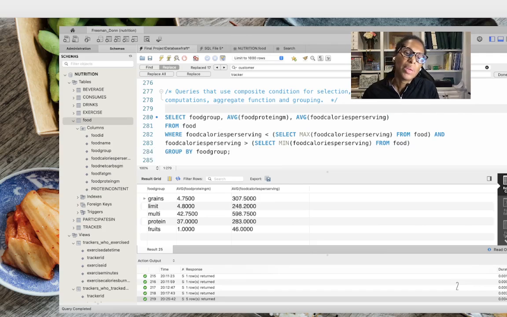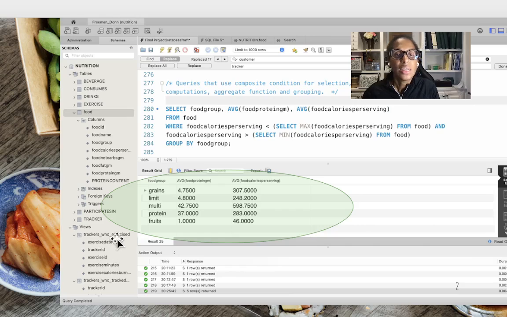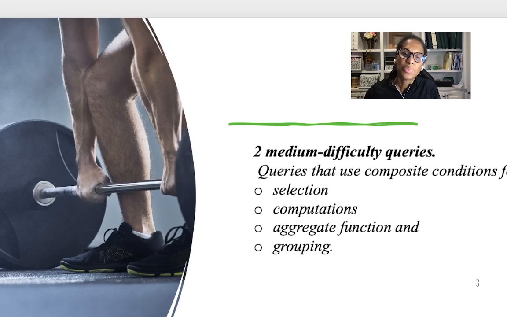We used the where statement, and we came up with what the food calories are per food group. Let's take a look at our limit foods. They have an average of 4.8 grams of protein, which is not very many, yet 248 calories per serving. So those are the foods we want to avoid if we're trying to live a nutritious, healthful lifestyle.